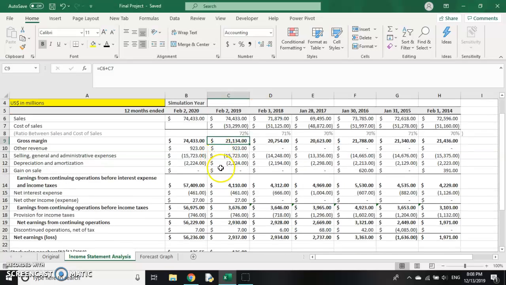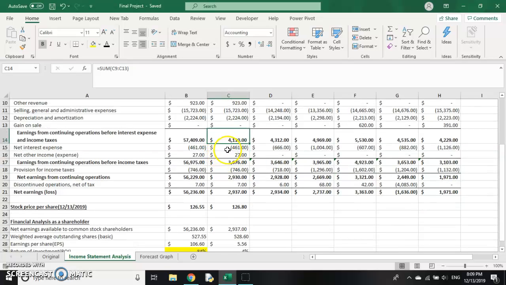Then, the earnings from continuing operations before interest expenses and income taxes. I got this number by adding the gross margins with other revenues, and subtracting those fixed expenses like depreciation or administrative expenses.